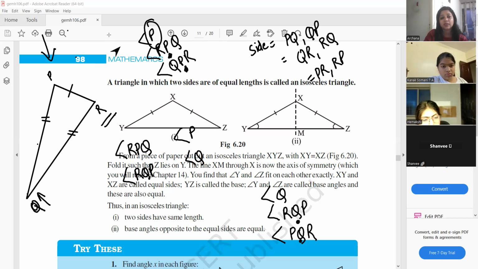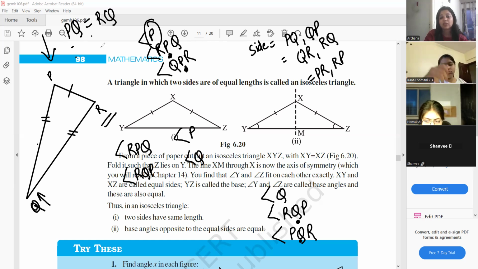Tell me first. Name the sides of the triangle which are equal in length. I'm talking about the sides. What is the given information here? Which are the two sides which are equal in length? PQ and RQ.